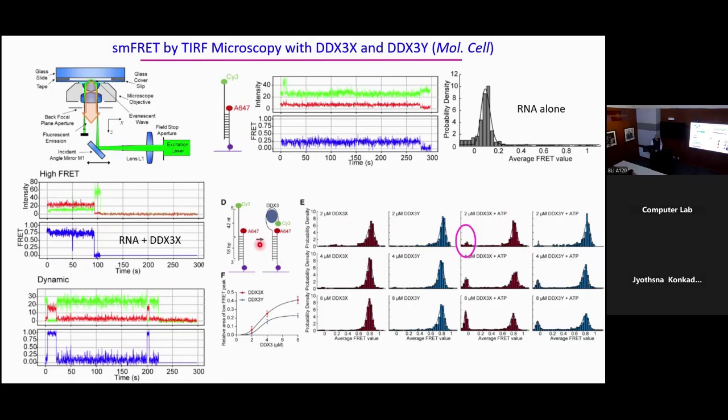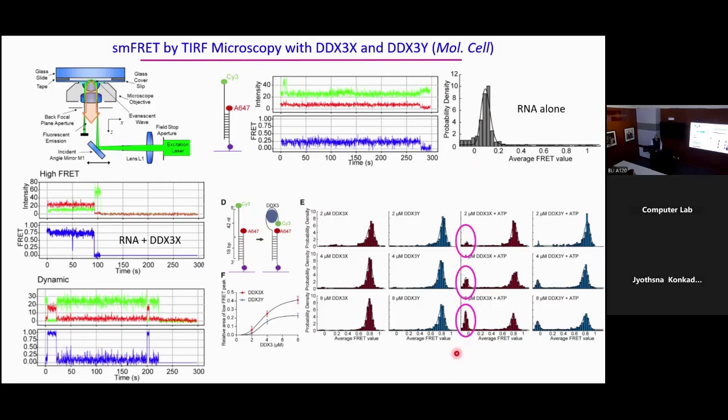These are cartoons, it doesn't really look like this, but you can think of it as a low FRET condition, and then when the protein is bound, the FRET is much higher. Then as the helicase activity takes place, this low FRET component, which is even lower than the RNA by itself (this is 0.1, this is really 0 here), is growing. So the helicase activity is taking place gradually.